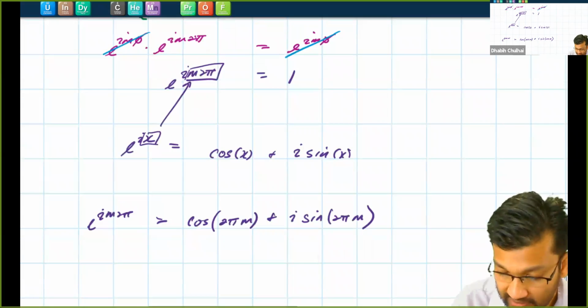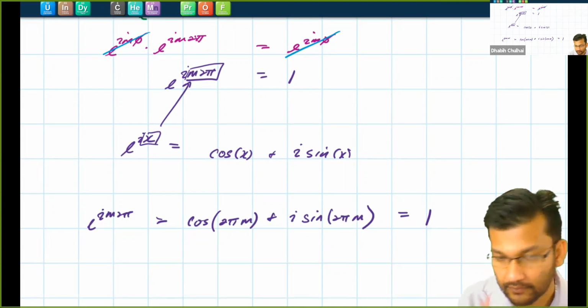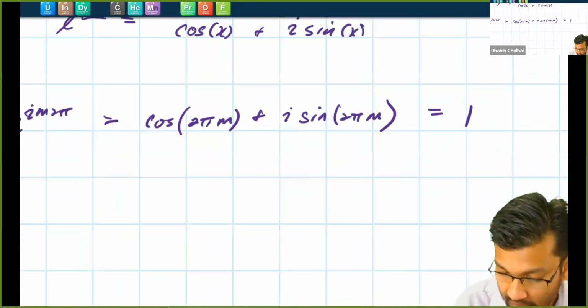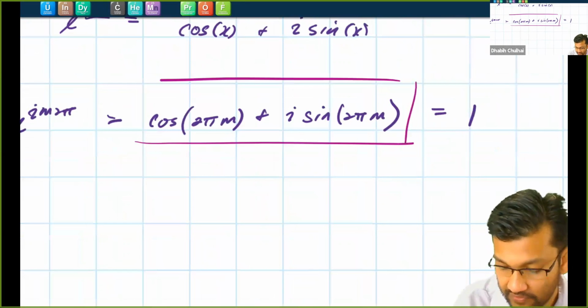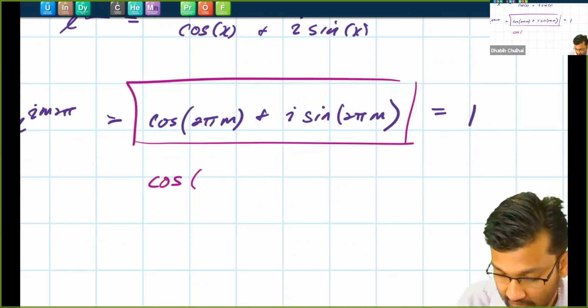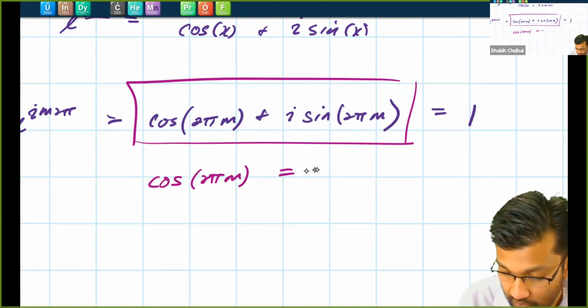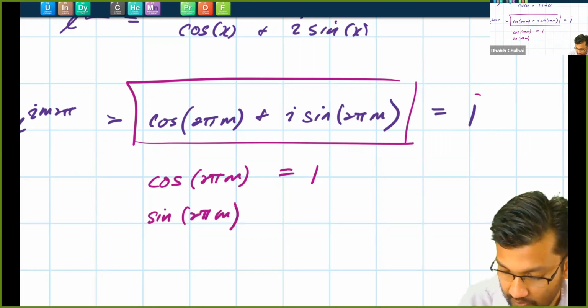And according to this equation up here, that should all be equal to 1. So we need to figure out which values of m make this equation come out to 1. That happens when cosine of 2 pi m is equal to 1, because this is real and this is complex, so sine of 2 pi m must be equal to 0.